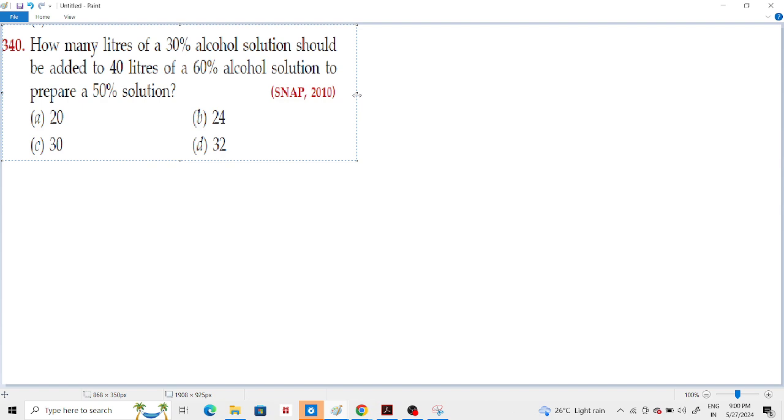It is a one line sum. Ishika. Sir, I have.